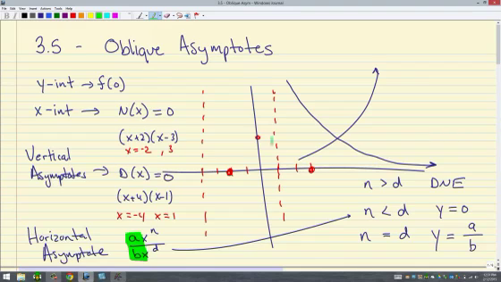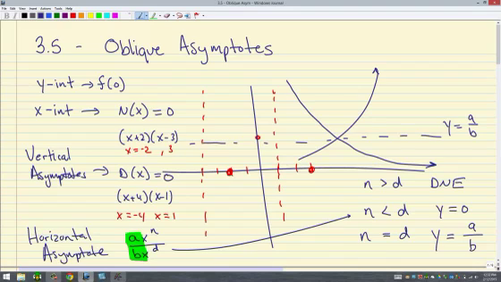And so that would look something like this, and this would be y equals a over b. So that brings us pretty much up to speed for this whole chapter: y-intercepts, x-intercepts, vertical asymptotes, and horizontal asymptotes.